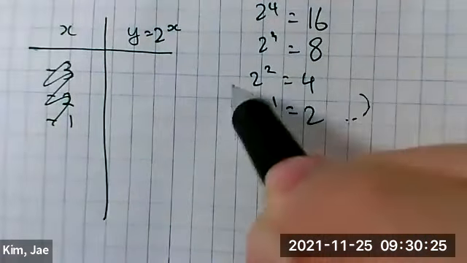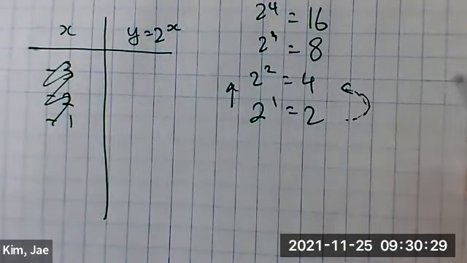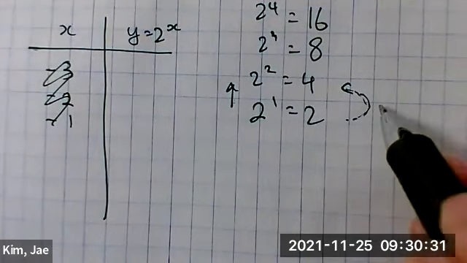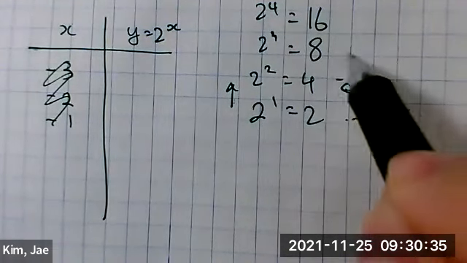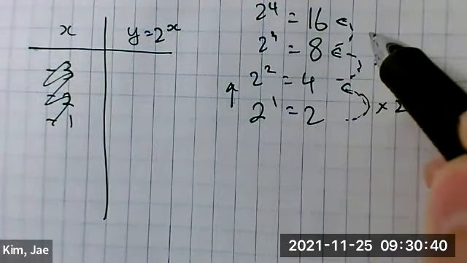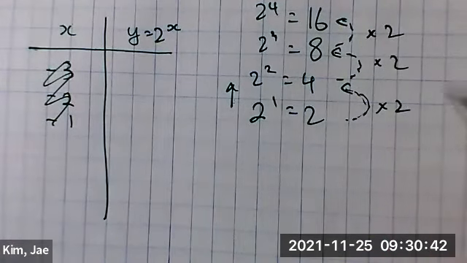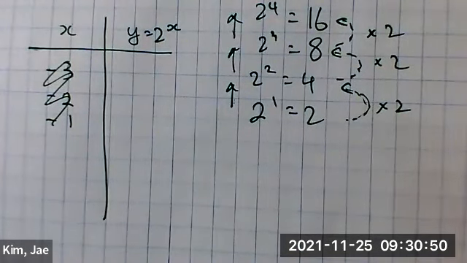Okay, so what's happening? Every time I go up in an exponent, what am I doing? I should be multiplying by 2. So if I go up in an exponent, I'm multiplying by 2. But if you do it in one direction, you should be able to do it in the other.